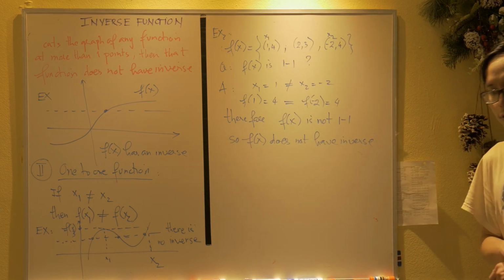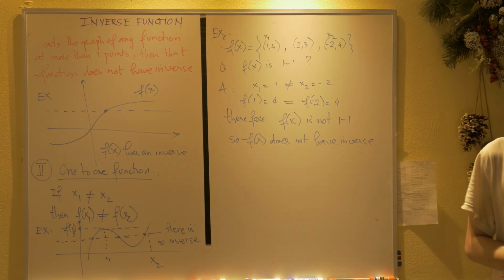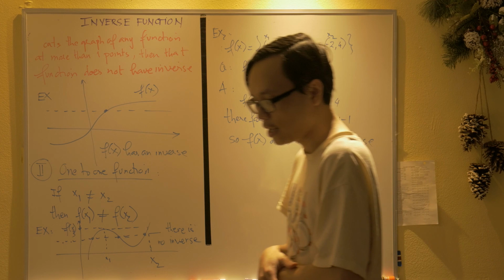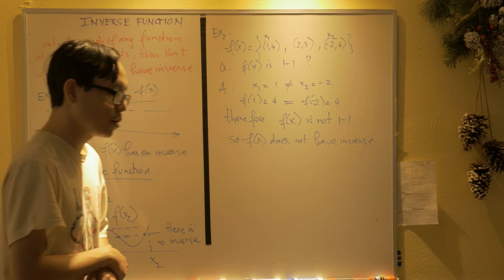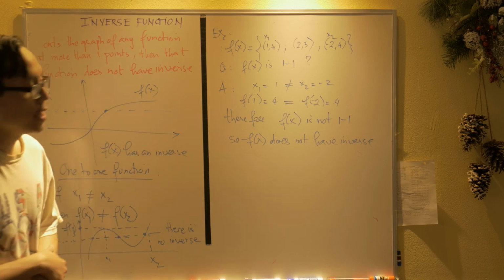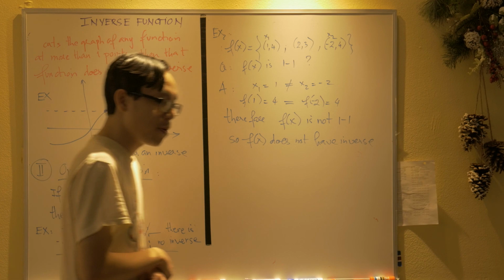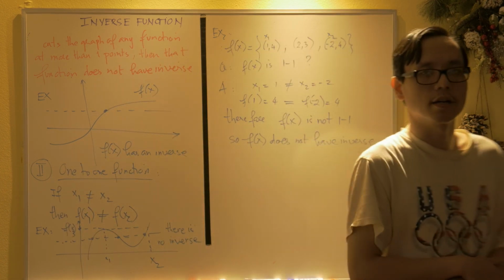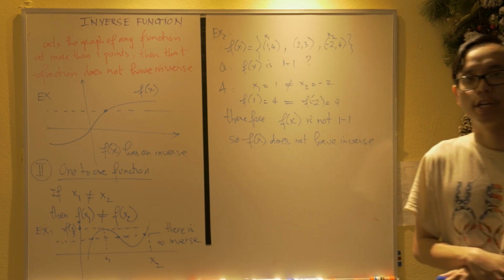Then what you have to do is check it algebraically. What I mean over here is, if I give you two functions and you want to see whether they are inverses of each other, you have to compose them with each other. You remember back in the day we learned how to compose two functions f and g.